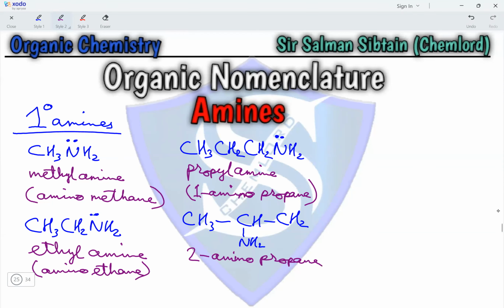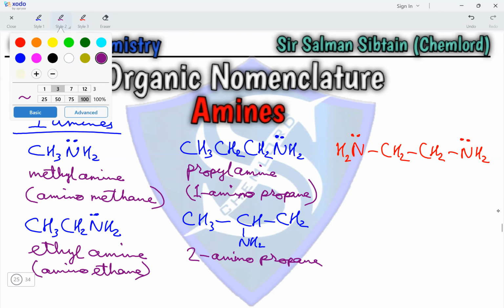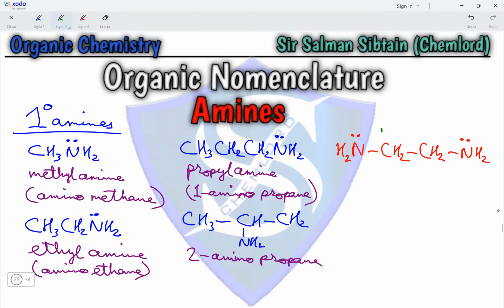Similarly, if we have NH2 groups multiplying in a compound, that means if you have more than one, for example NH2, CH2, CH2, and NH2, this compound would be named based on the carbon atoms on which the NH2 groups are present. So 1 and 2, this will be called 1,2-diaminoethane.